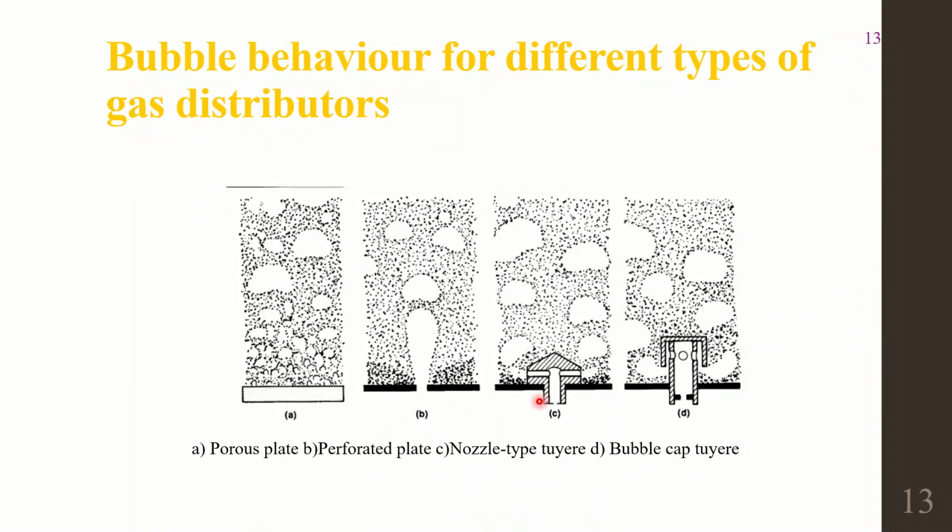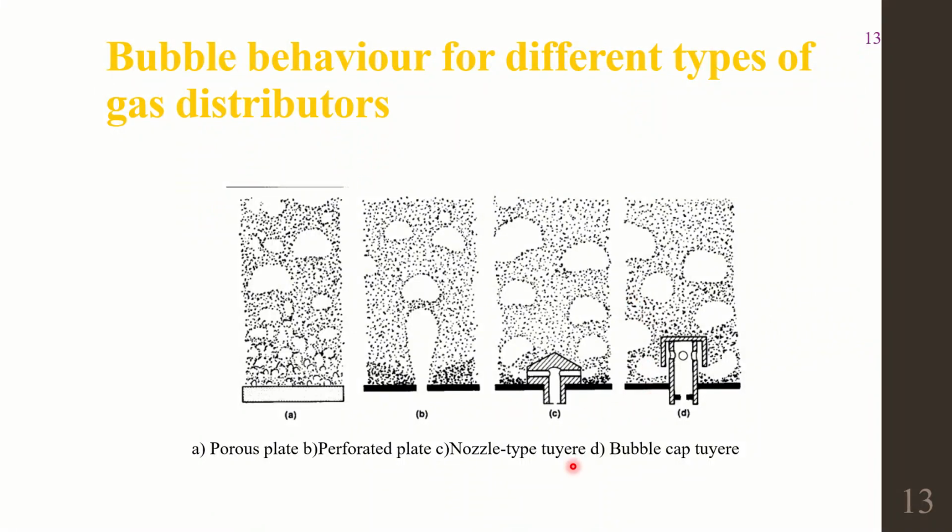And option C is the nozzle type tuyers, and this is the bubble cap tuyers. In both cases, once the fluid is passing through, the bubbles get dispersed from the opening, and after that they grow in size near the walls of the column.